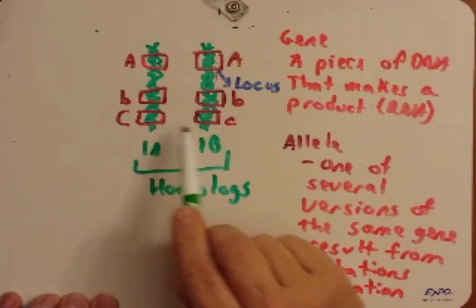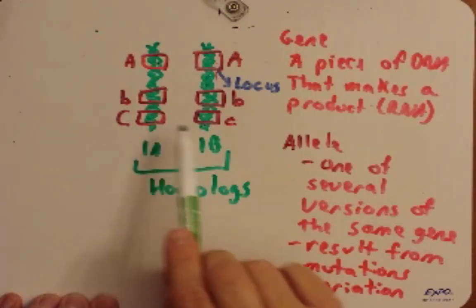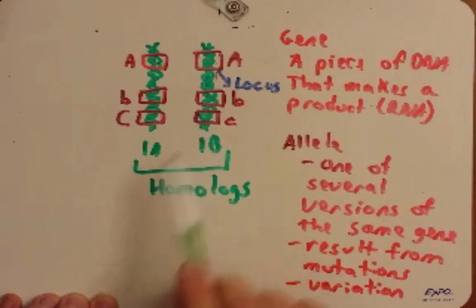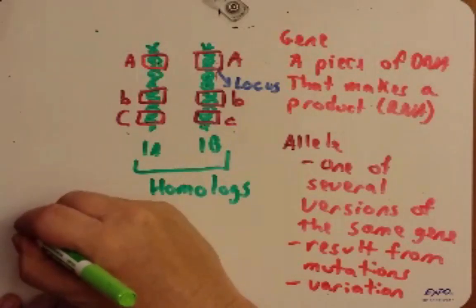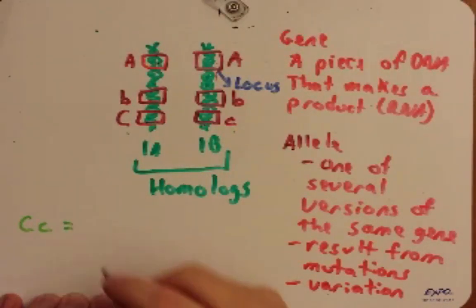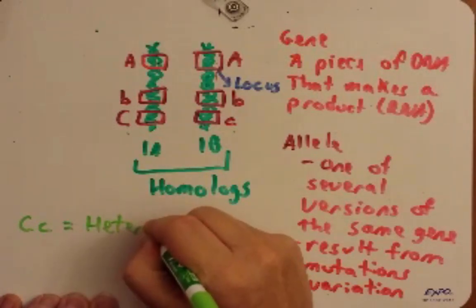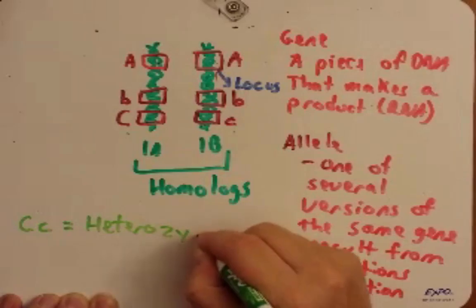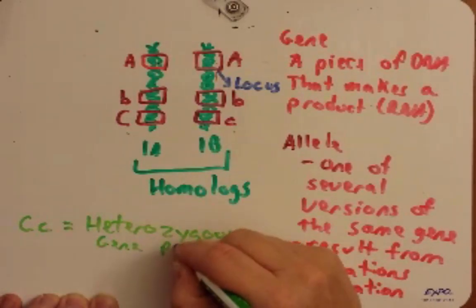When we have 2 genes, and remember any individual is going to have 2 genes, if these 2 genes are different alleles, such as we have here between big C and little c, so let's just write that, big C, little c is an example of a heterozygous gene pair.